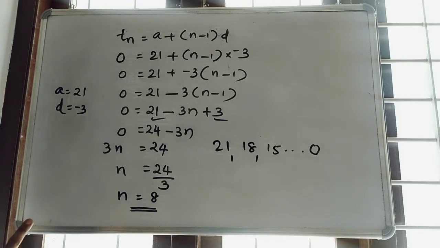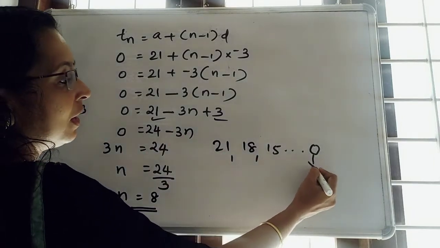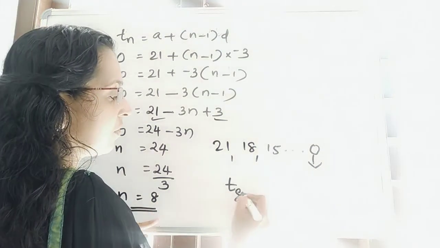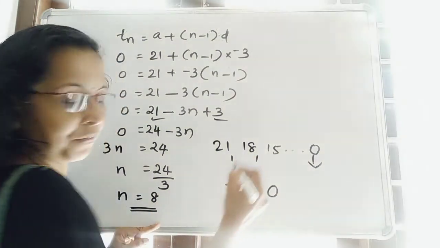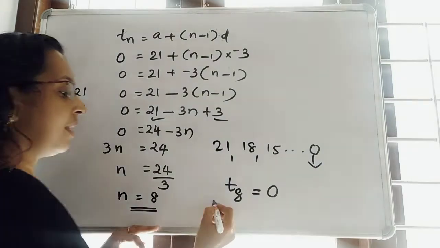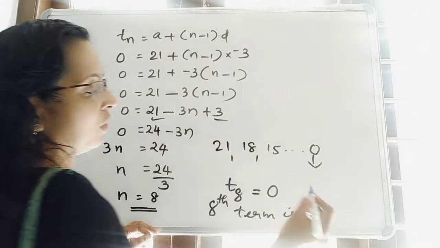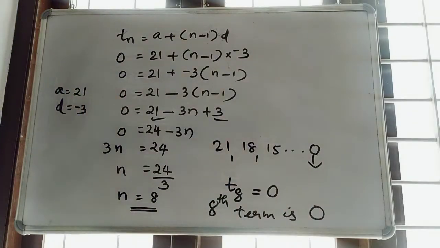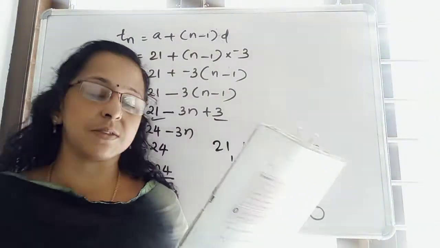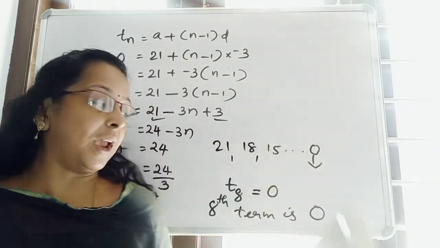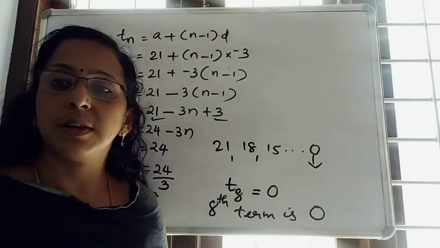That means 0 will be in the 8th term, T8 is 0. Is it possible or not? That is our question: can any term of the series be 0? If yes, find the number of terms. So the 8th term will be 0.